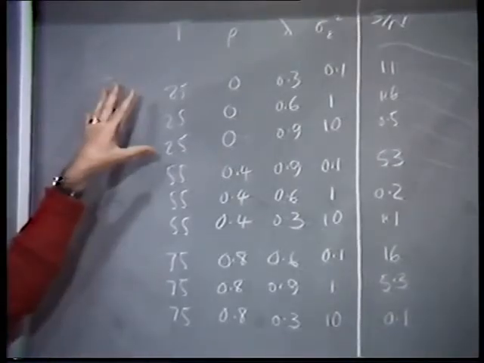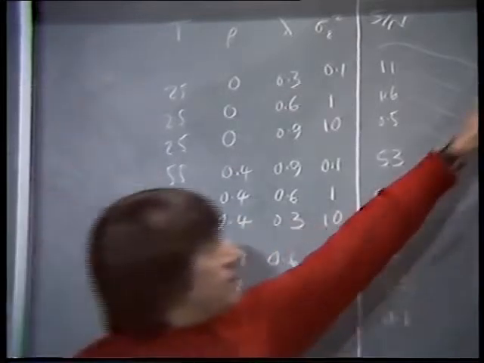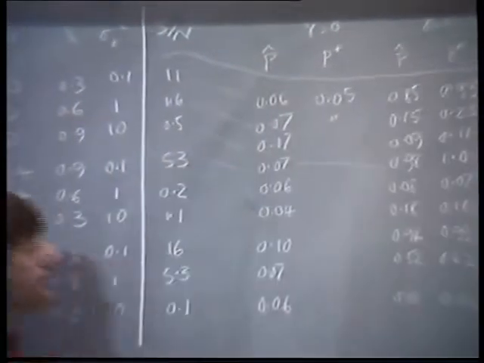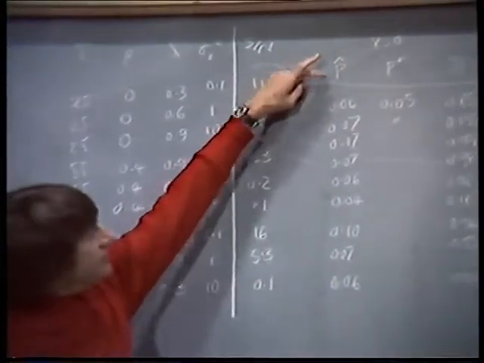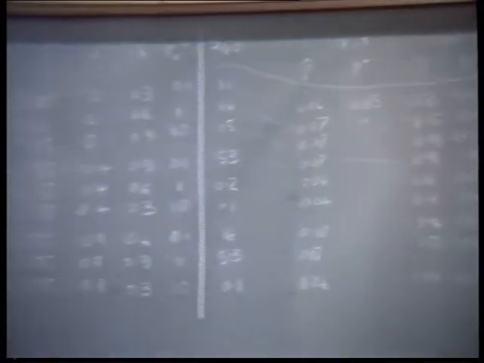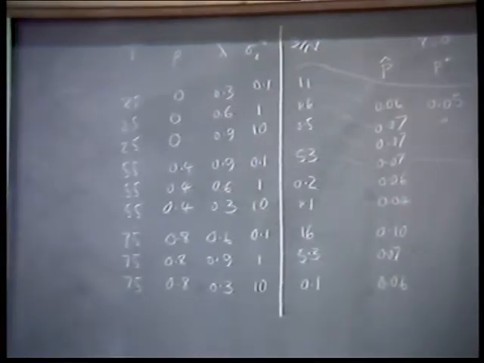And those 9 experiments were repeated 3 times for each value of gamma: gamma equals 0, 1, and 2. P hat is the empirical rejection frequency. P star is that asymptotic approximation using the central chi-squared.